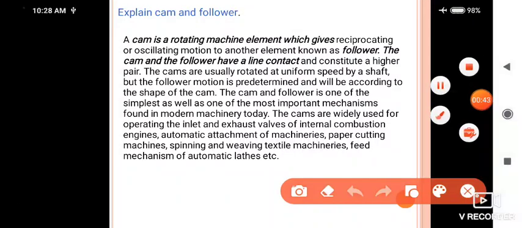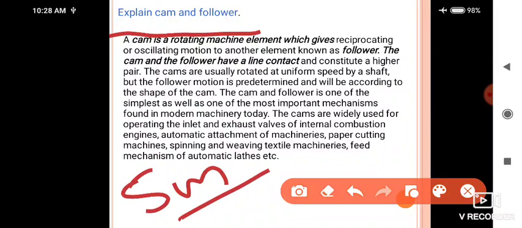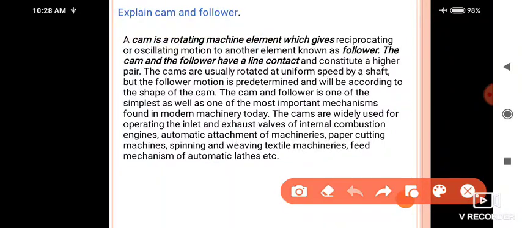Explain CAM and follower. It is a 5 marks question. It may be asked in your forthcoming exams. Definition: a CAM is a rotating machine element which gives reciprocating or oscillating motion to another element, known as the follower.